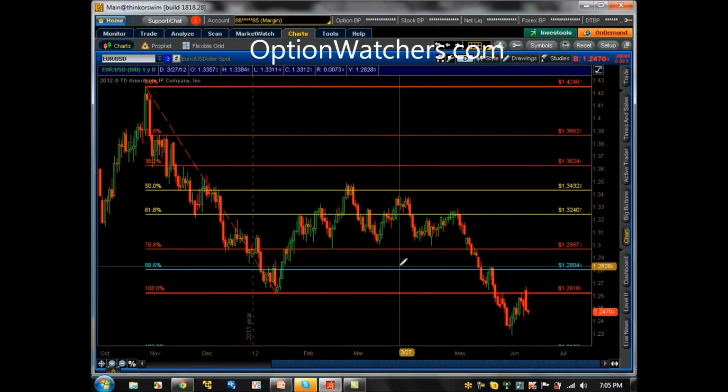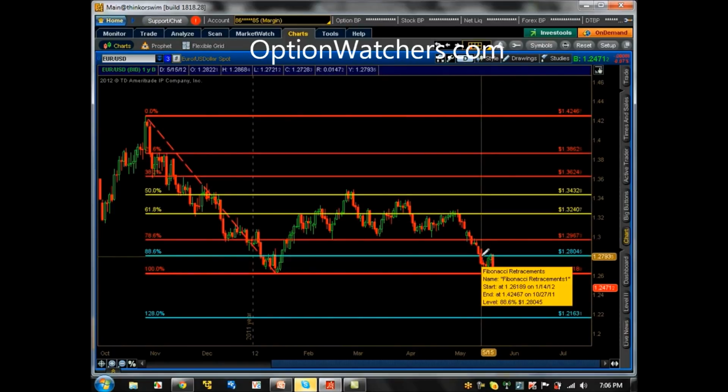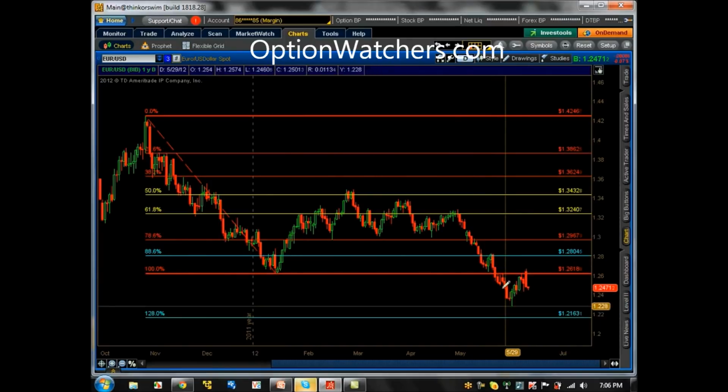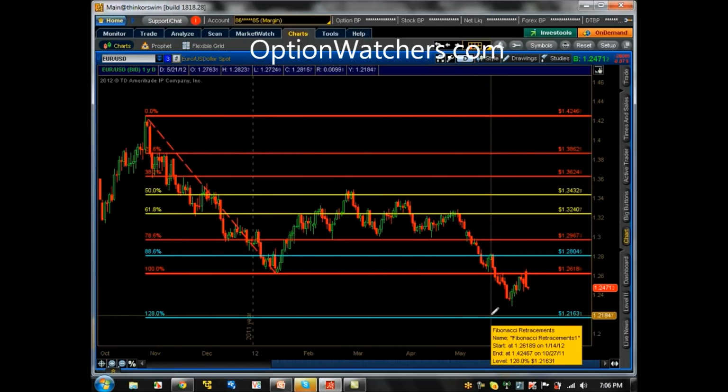Same thing. Well, this gives me extensions, don't they? You see that? It could go to here, which is the 88.6. It could go to 100%, or it could go to 128. So the three levels it could get to once I'm in are here, here, and here. All I did was I clicked the other way for the extensions.